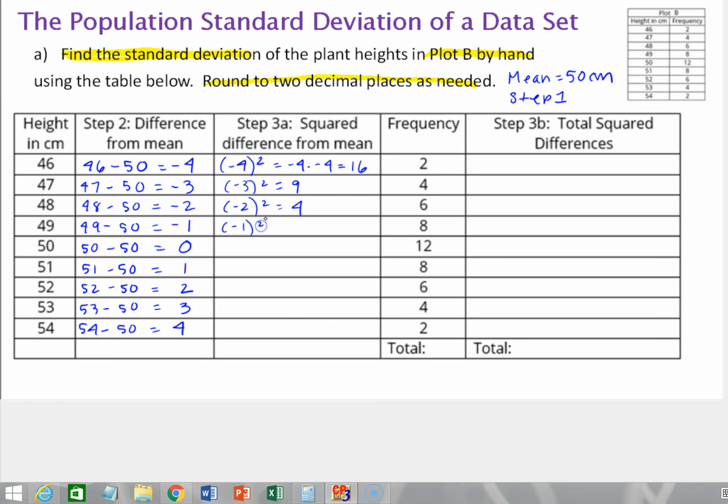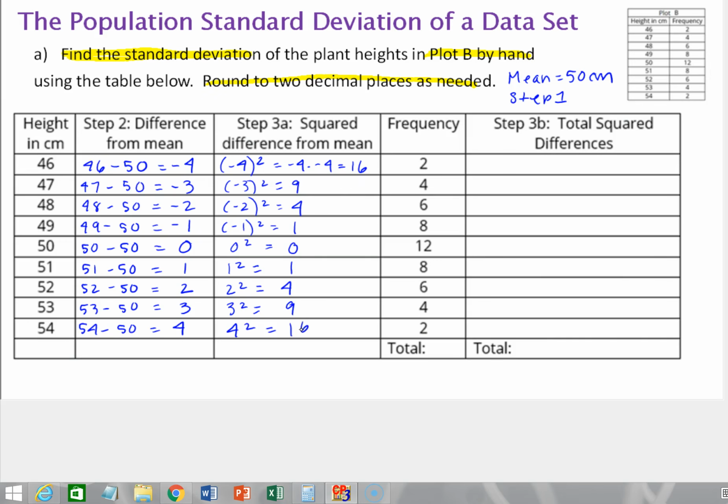And we have all whole numbers or integers, so this is pretty easy to find the squares. If you have decimal values, then you'll want to use your calculator, and also make sure you don't round any of your results till the end, because it can have a big effect on your final answer. So 3 squared is 9, and 4 squared is 16.